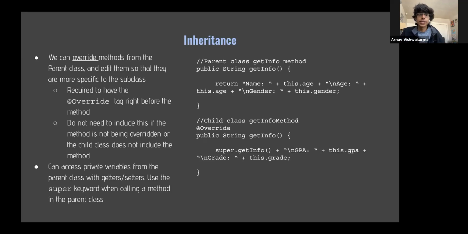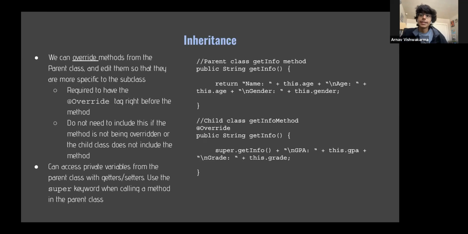You don't need to include it if the method is not being overridden or the child class does not include the method. You only need the override tag if you're going to edit or add to that method. You can also access private variables from the parent class by using the super keyword and then calling the method, as we'll see in the example on the right.